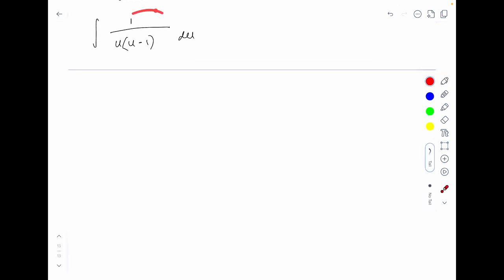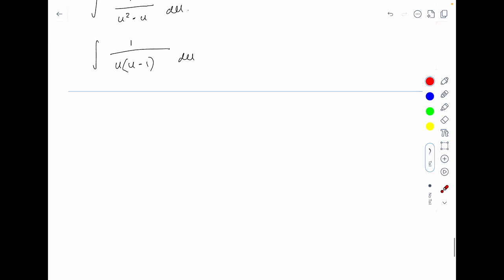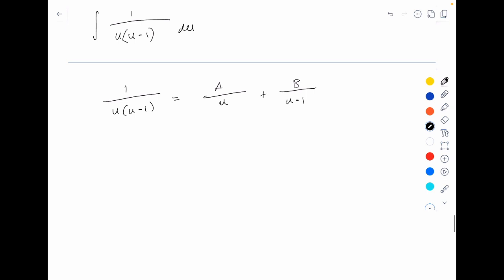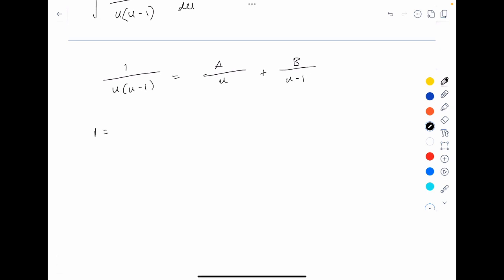Now, this then can be applied to say, well, if we expand that, we're going to get a over u plus b over u minus 1. Okay, so therefore 1 is going to equal a(u minus 1) plus bu.